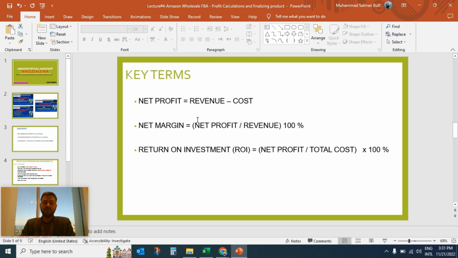Then the net margin, which we get by dividing the net profit by the total revenue, and it will be in percentage. And the next one is return on investment, ROI, which we calculate by dividing the net profit by the total cost, and it will also be in percentage.